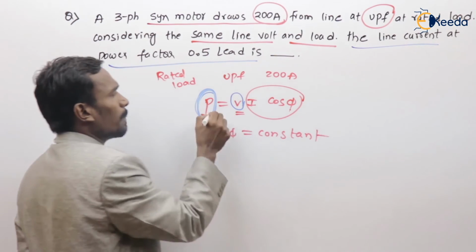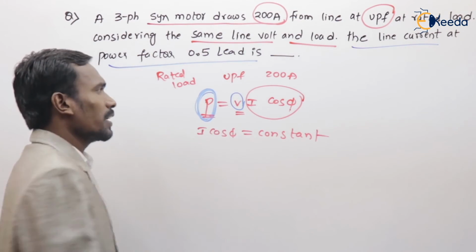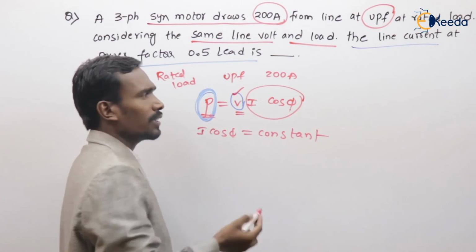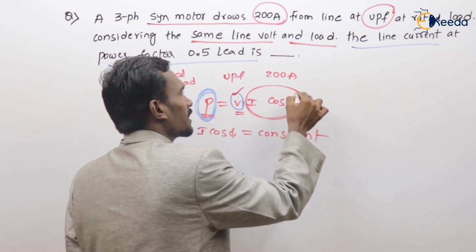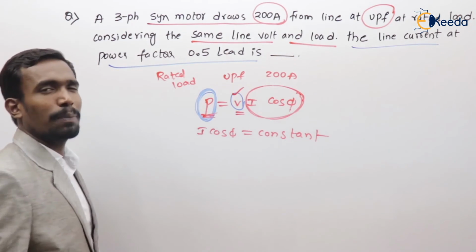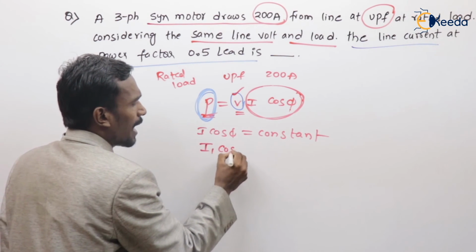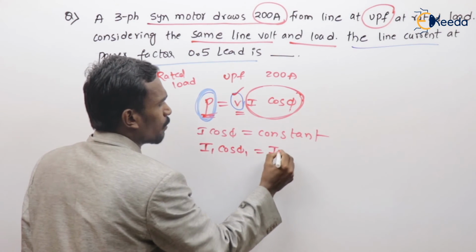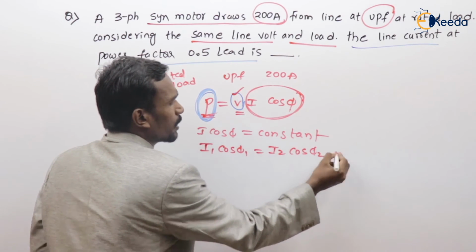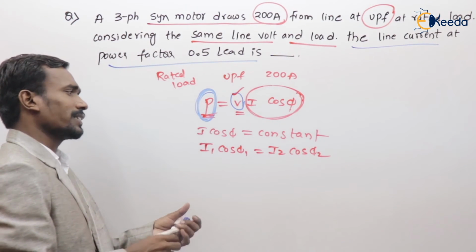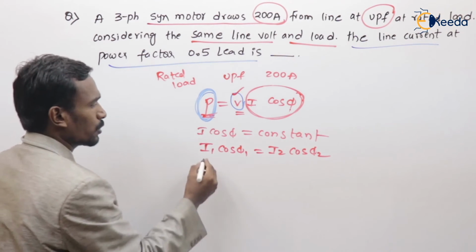Then only the power is constant. Here V is constant, already given. If I cos phi is constant, then the load or power is constant. Nothing but I1 cos phi 1 is equal to I2 cos phi 2.